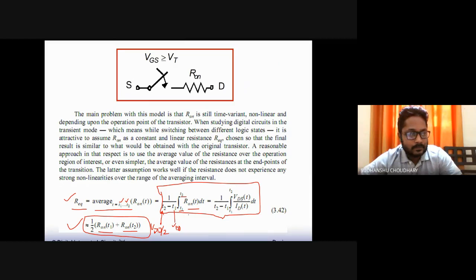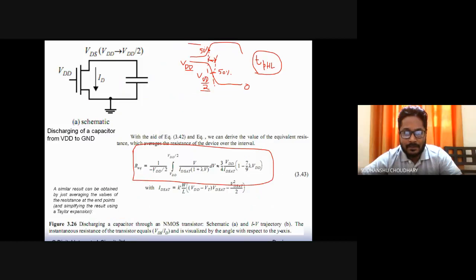When we apply this, T2 minus T1 becomes VDD by 2 minus VDD, so this is minus VDD by 2, which is what appears here. Then T1 to T2 is VDD to VDD by 2.